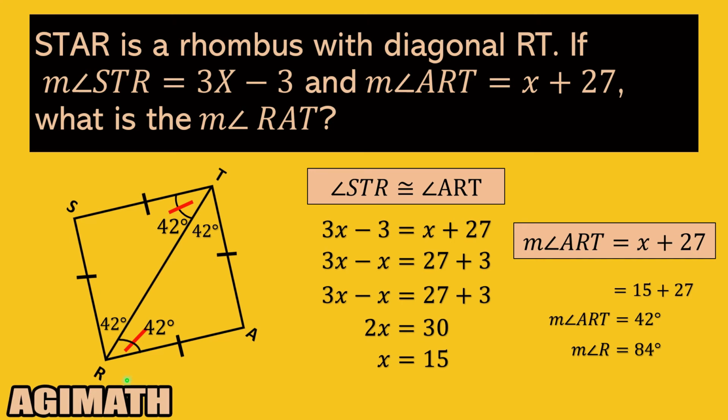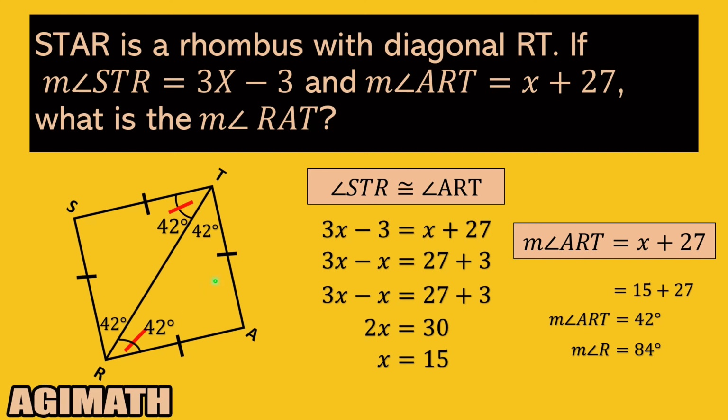So why do I need to find the measure of angle R? Because we are looking for angle A, or the measure of angle RAT, the measure of angle A. So I can have it this way. Angle R and angle A are consecutive angles. And since a rhombus is a parallelogram, the property that says consecutive angles are supplementary will also apply to a rhombus.